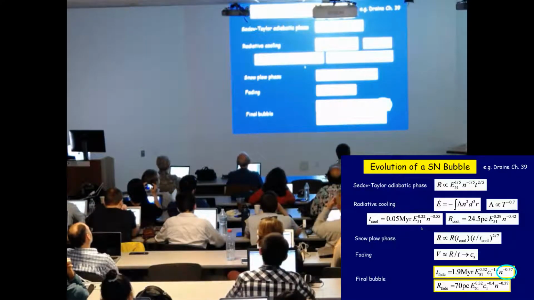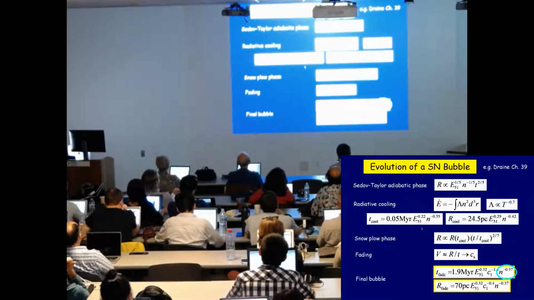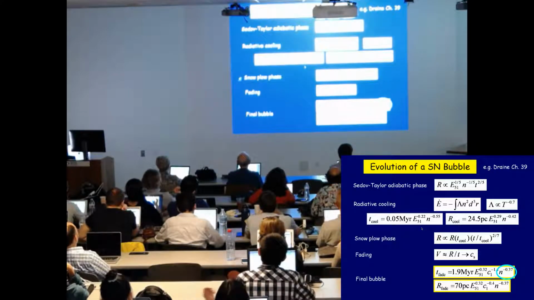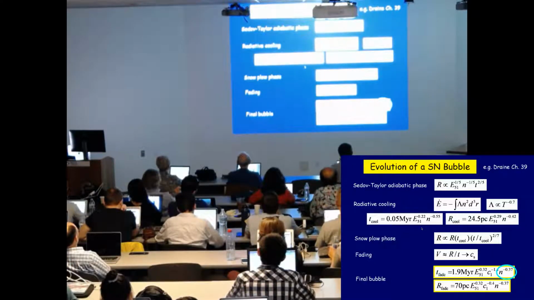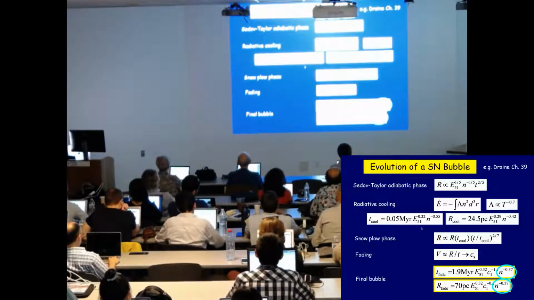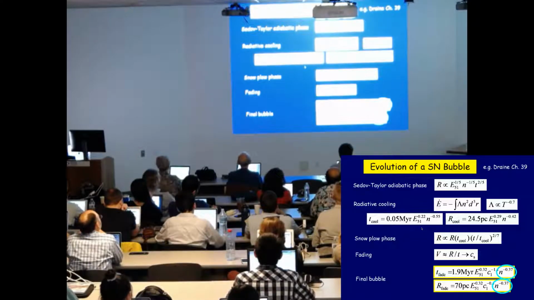You get the cooling time and the cooling radius, and then from this you continue to another self-similar solution in the snowplow phase, which goes like time to the 2/7. And when the velocity goes to the medium velocity, you have faded to these values. That's typically 1 or 2 million years, a 70 parsec bubble, and this is the density dependence that I was talking about. This is a standard textbook thing. You can find it in the textbook.